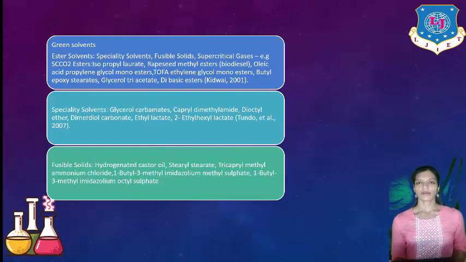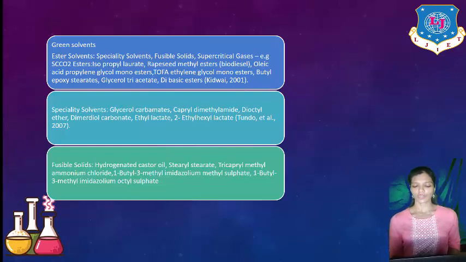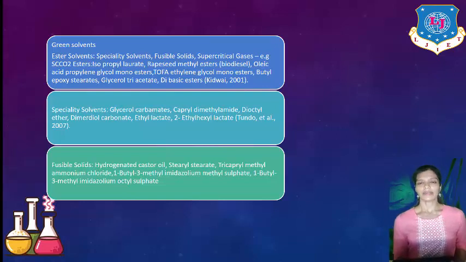Such kinds of chemicals can be generated so that we can create certain organic methods which create less waste. Specialty solvents like glycerol carbamates, fusible solids like hydrogenated castor oil, stearyl stearate, should be created so that we can get to know the actual techniques, so that we can have less hazardous substances.